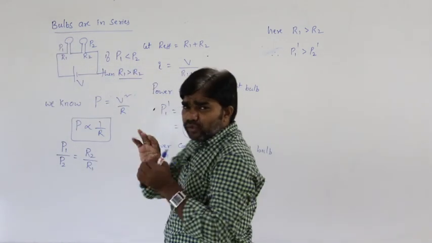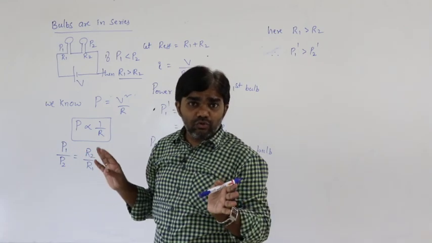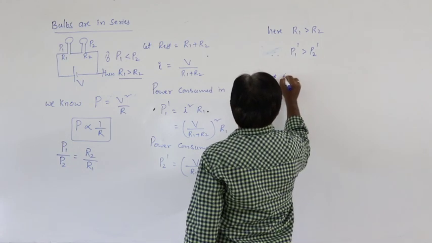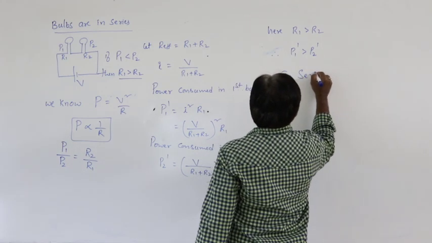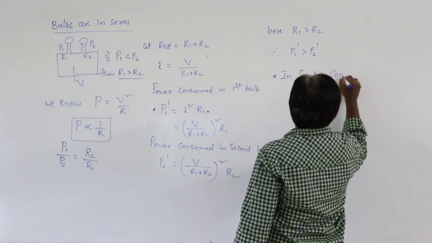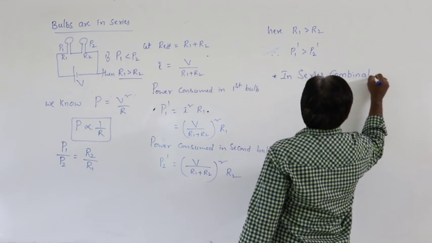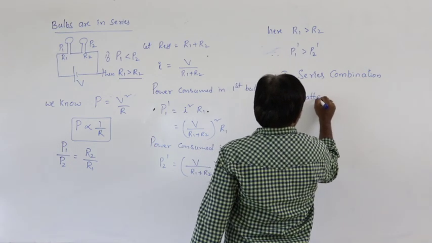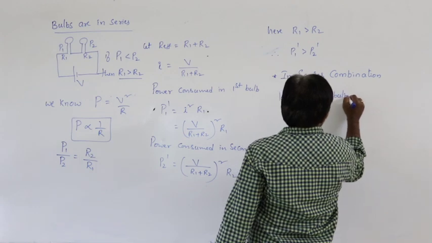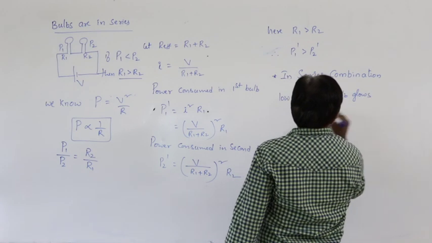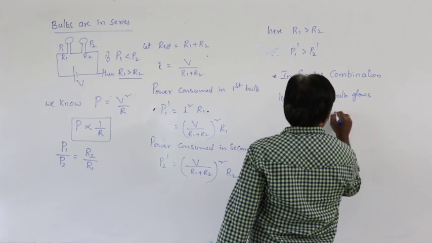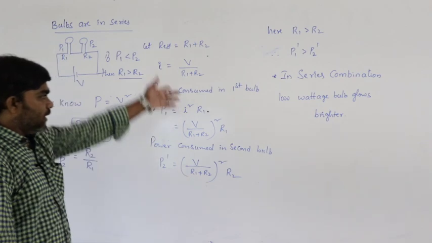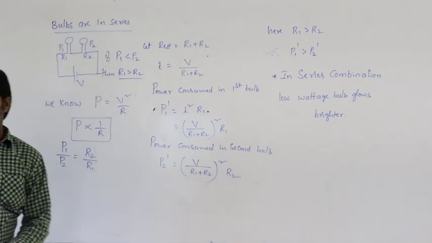Blindly, without doing any calculation, directly we can say that in series combination, the low wattage bulb glows brighter.